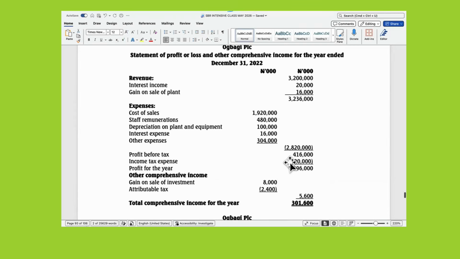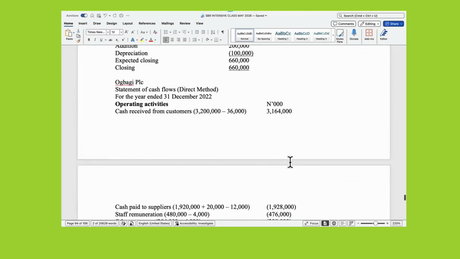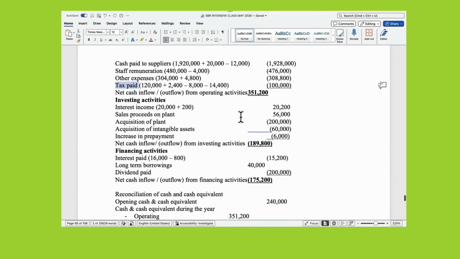Out of this 120, I'm owing those two. So I just take them away since I've not paid them. So for my tax paid, this is the current, this is the deferred. I just removed what I'm still owing for the current and deferred. I have a balance. So this is my net cash flow from operating.